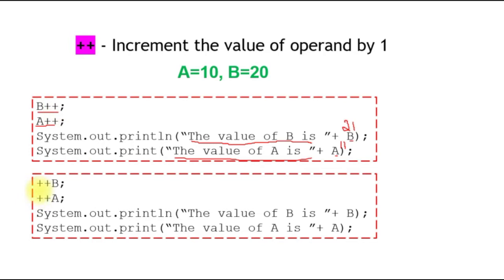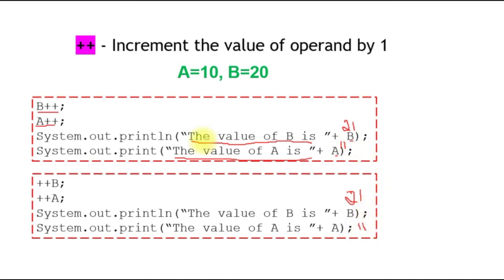So, dito, so evaluate natin, plus plus b, meaning 20 plus 1, ano yung magiging value ni b? So, 20 plus 1 is 21. So, the value of b here is 21. Hindi nagbago. Next is plus plus a. So, 10 plus 1 is equal to 11.